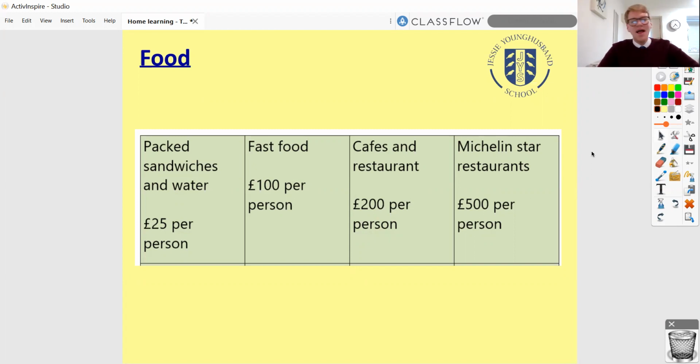Fair enough. Cafes and restaurants, and you've got your Michelin star restaurants. Now, this is the poshest and best restaurants it's possible to get. That is your absolutely best food around. That's with the best chefs in the country. So that would be the real top option, that Michelin star restaurant. Mrs. Vass would love that. Don't know if we can afford it though.